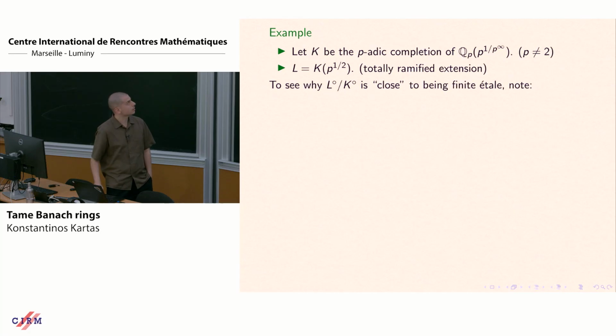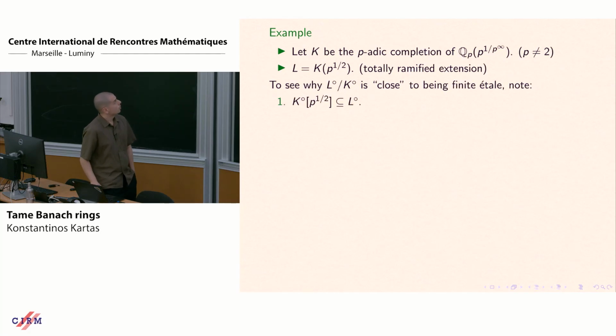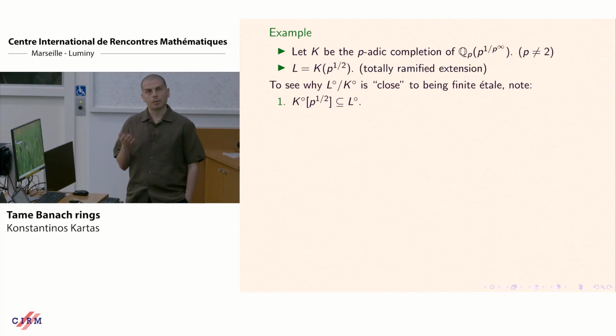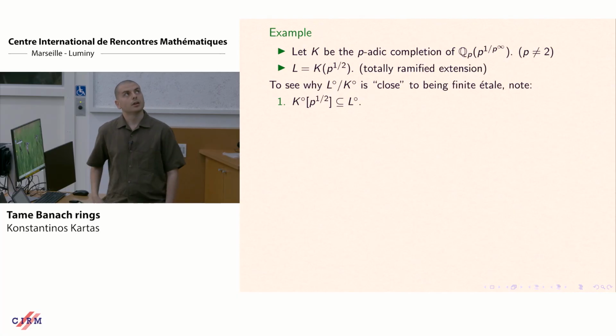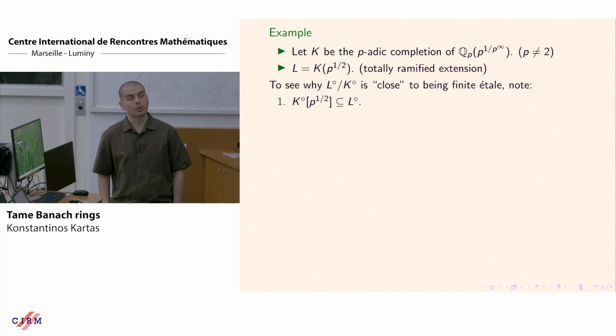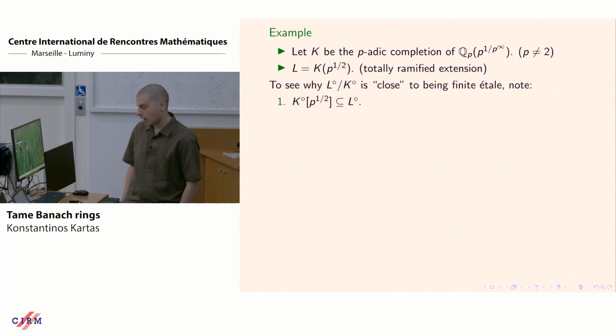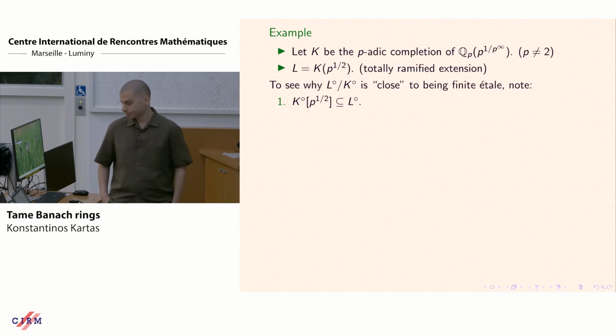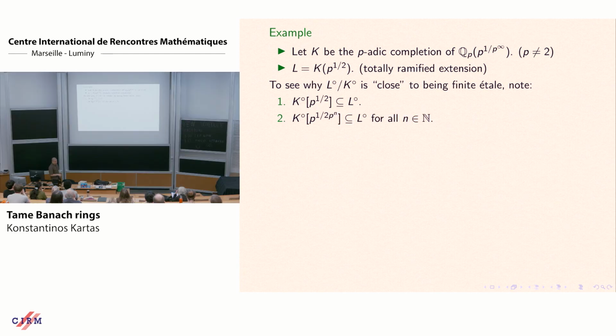In what sense is that true? To see this, let's try to at least approximately describe the valuation ring of L in terms of the valuation ring of K. One thing is entirely clear, namely that this L circ contains K circ, and it also contains the square root of p. Something which is less obvious is that it also contains a square root of a p^n-th root of p.